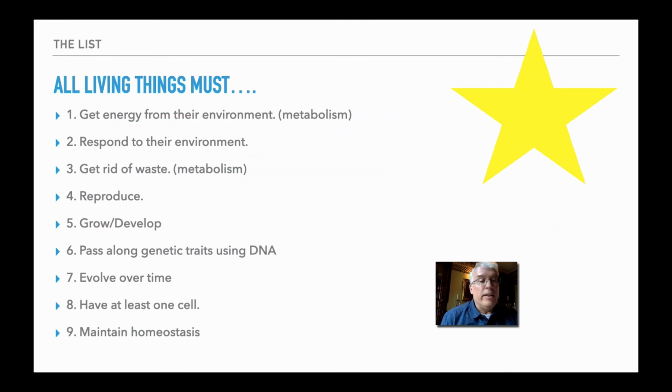Okay, and number 7, populations of living things or species of living things change over time as they adapt to their environment. Think about the dinosaurs. They were not able to adapt or evolve quick enough to survive that cataclysm, that major disruption of Earth's ecosystems when that meteor struck about 66 million years ago.